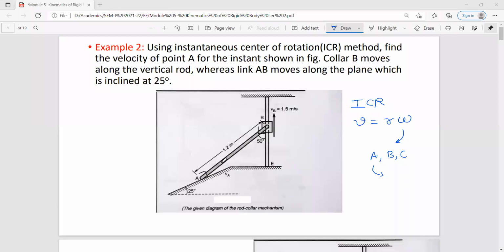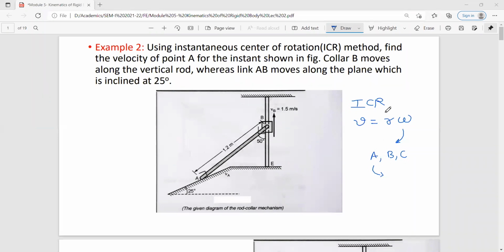Every point on this rod AB will have the same angular velocity, but the radius of each point will be different, and radius is the distance which is measured between the point and the center of rotation.